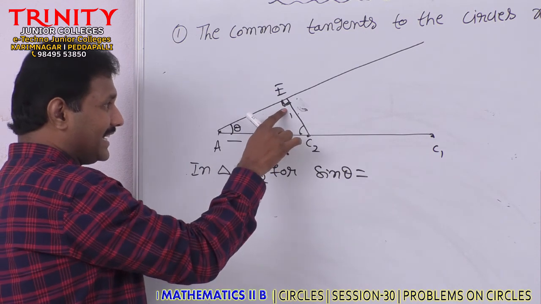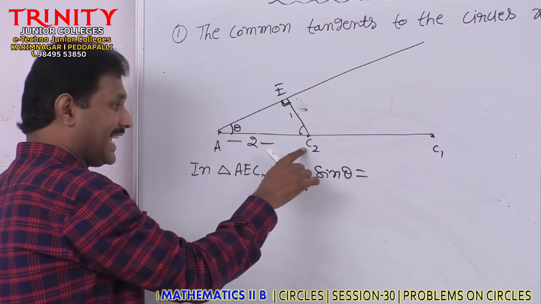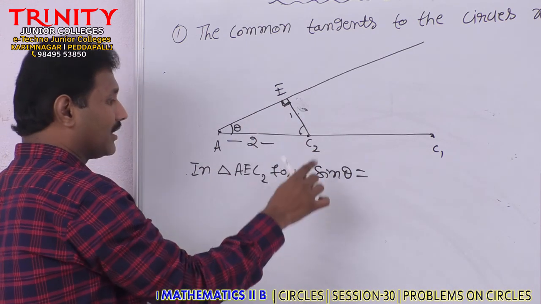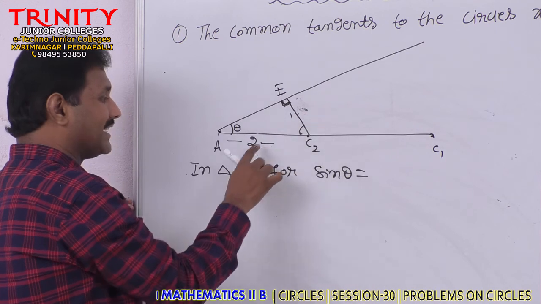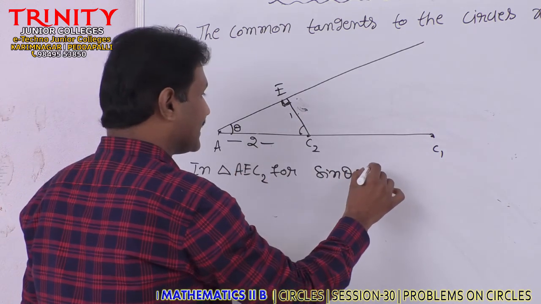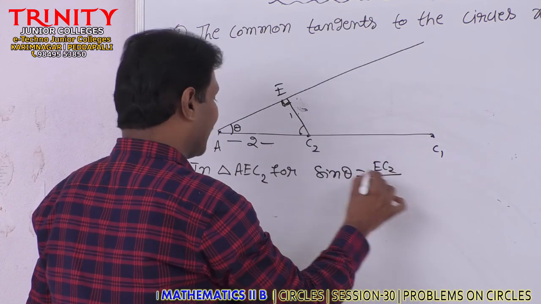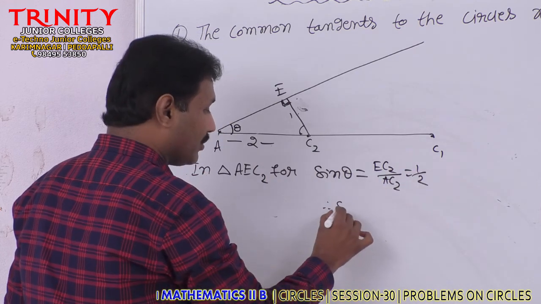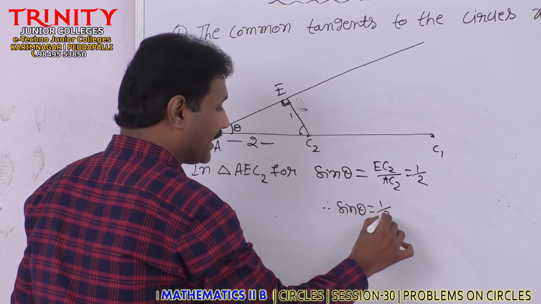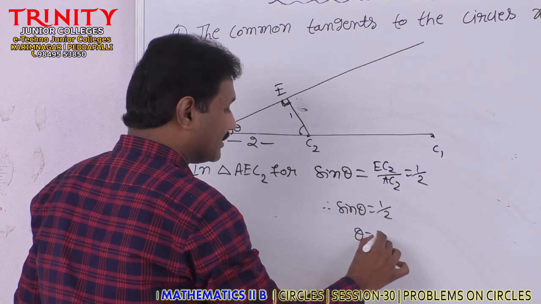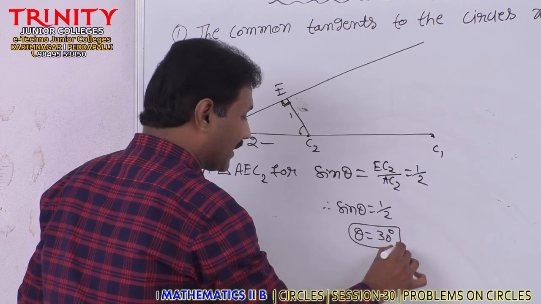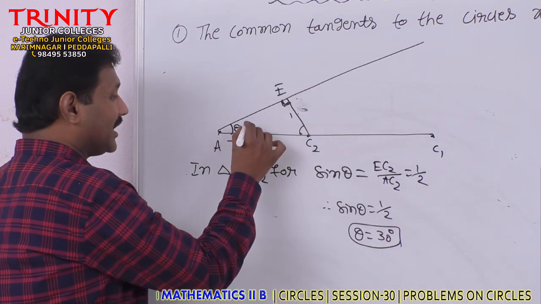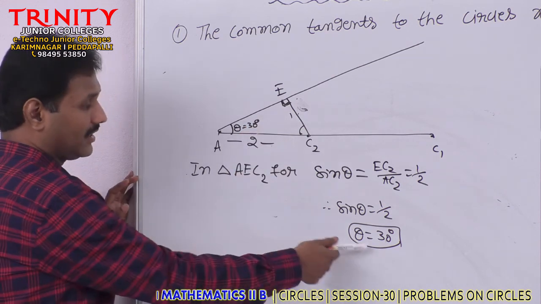Here the right angle is at E, the hypotenuse is AC2. In the right angle triangle AEC2, sin theta equals opposite side by hypotenuse, that means EC2 by AC2, that equals 1 by 2. Therefore sin theta equals 1 by 2, theta equals 30 degrees. The angle theta equals 30 degrees is established.